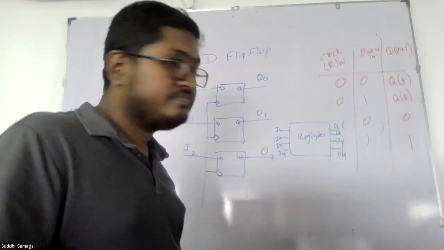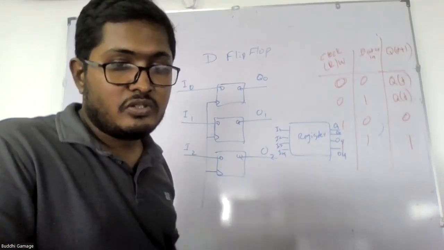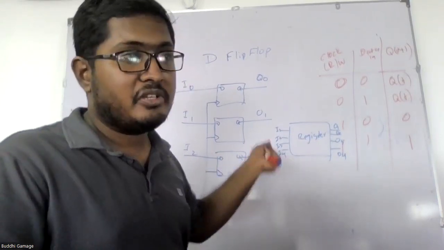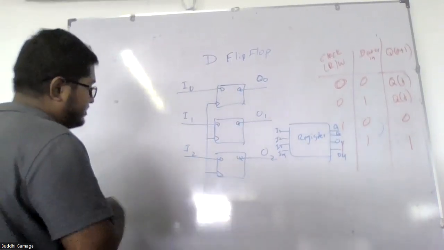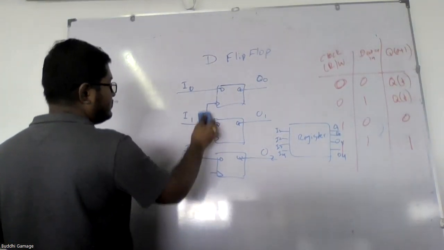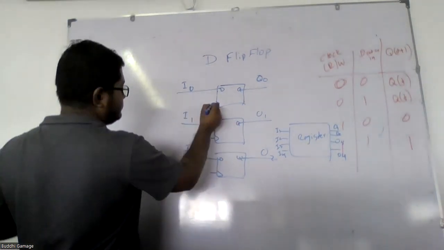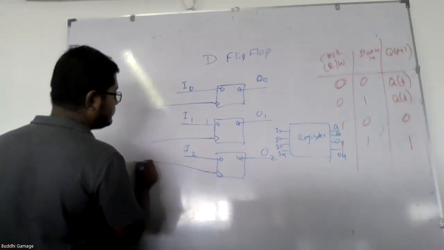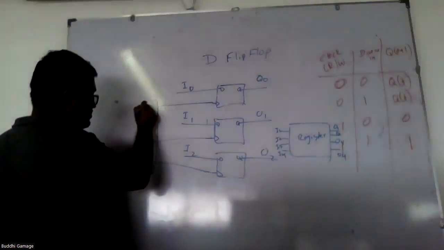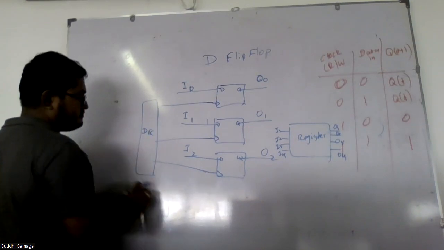How can you do that? By passing the clock signal using the decoder. Every clock signal is connected to the decoder, right?